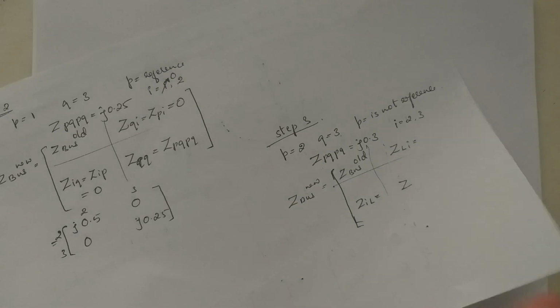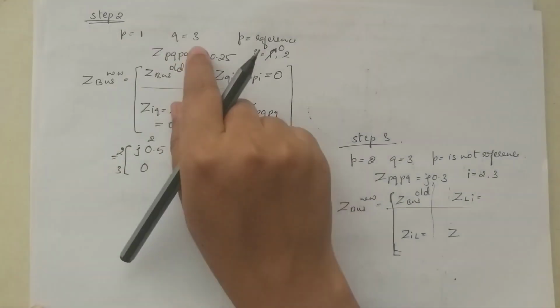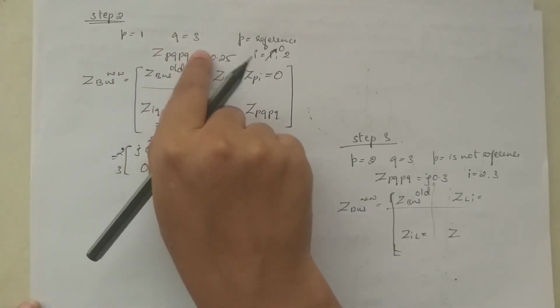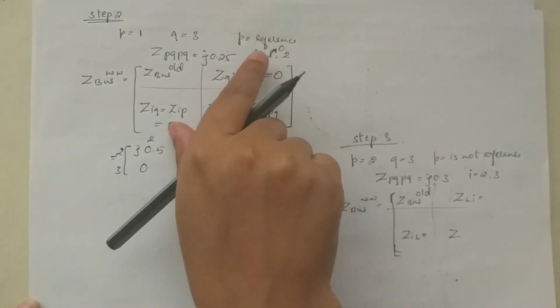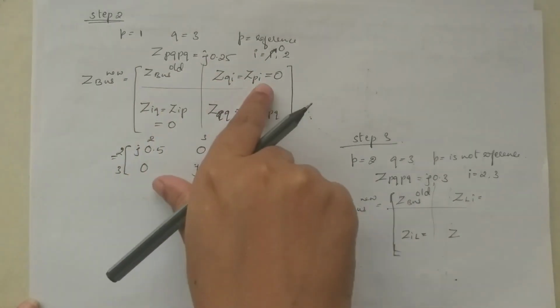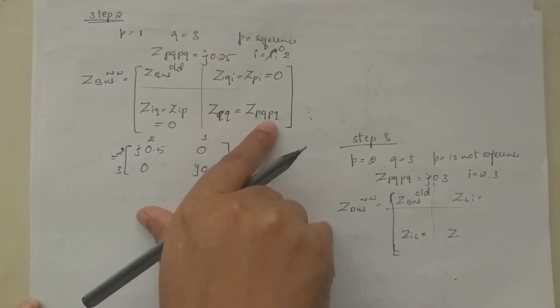The second element is between 1 and 3, so take P is equal to 1 and Q is equal to 3, but P is a reference. If P is a reference, ZBus new is equal to ZBus old 0, 0, ZQQ, where ZQQ is equal to ZPQ,PQ. That's it.